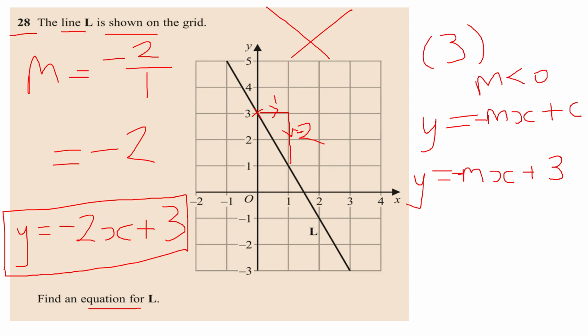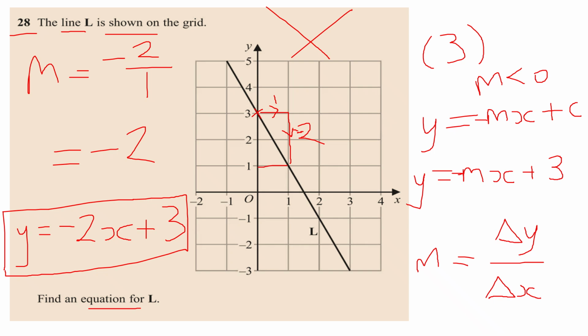Remember, to work out m, the gradient is the change in y, so delta y over delta x. Change in y over change in x, rise over run, all that good stuff. I usually teach it as changing y over changing x, but because here I'm given a diagram, I used how many squares I'm going along to how many squares I'm going up and down.